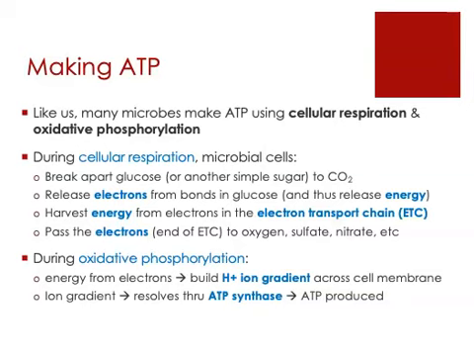Now, all living cells can break apart glucose. In other words, all living cells can use glucose in the process of making ATP. Some microbes are able to use other simple sugars as well.